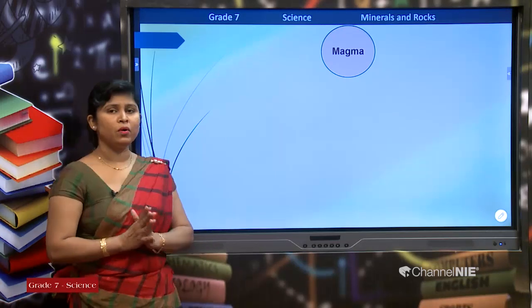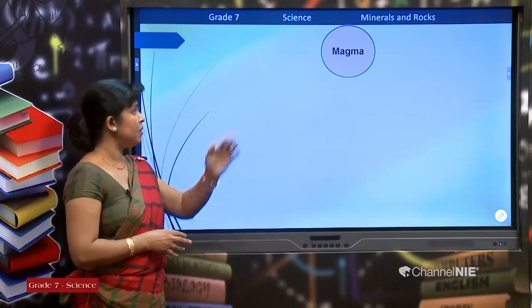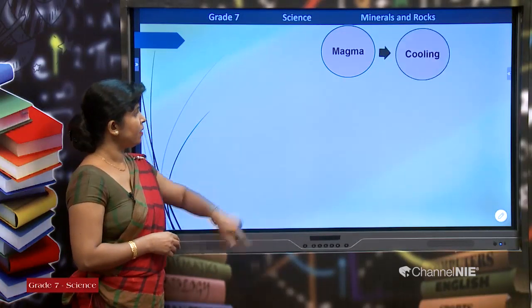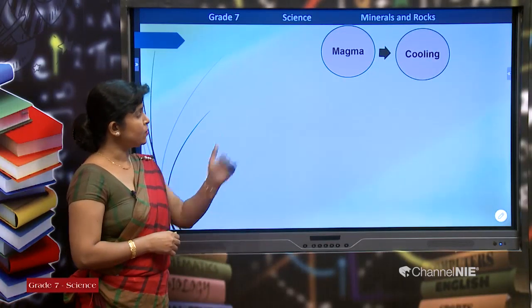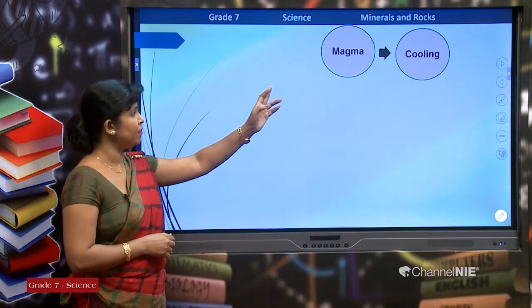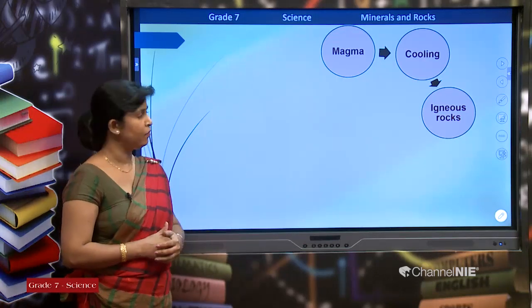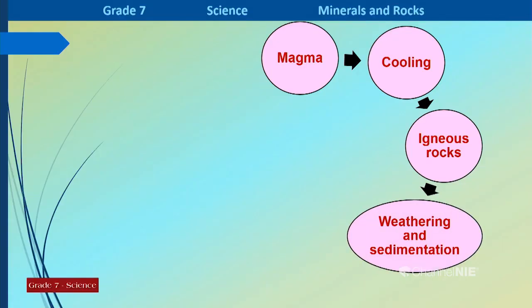Right. Now, I am going to give you the rock cycle using a diagram. Magma is cooling. When the lava comes out, it becomes magma, and magma is cooling. Then igneous rocks are formed. Then weathering and sedimentation.